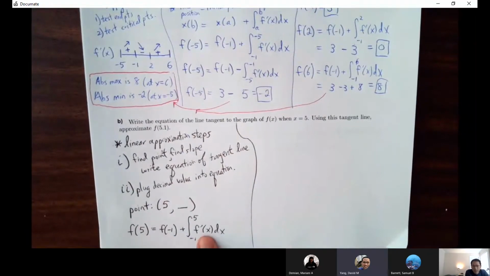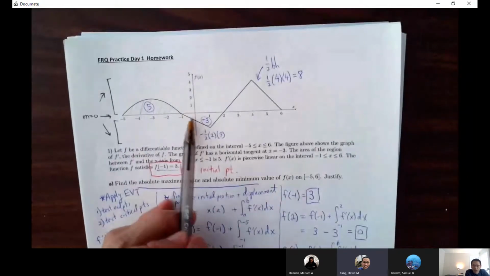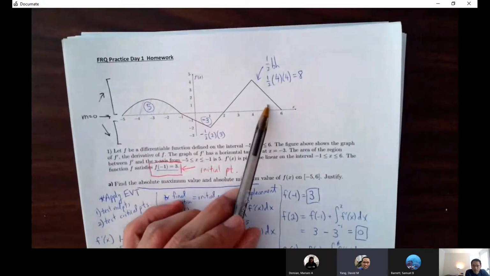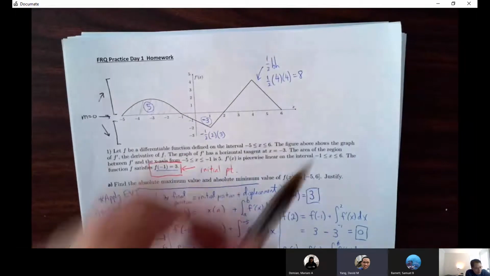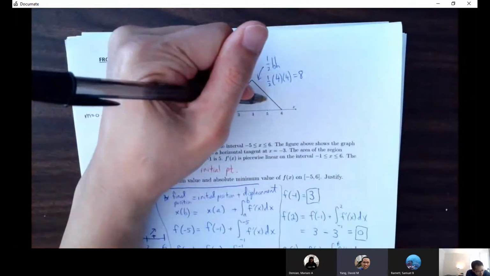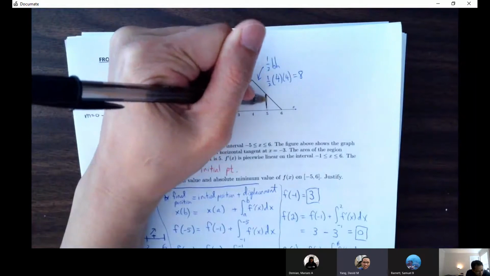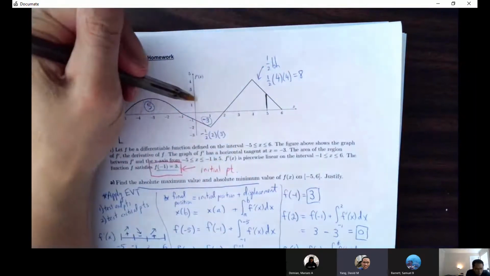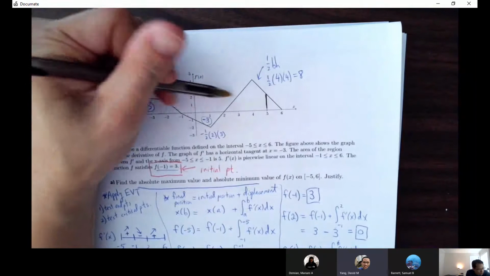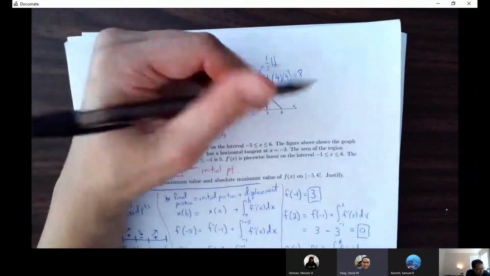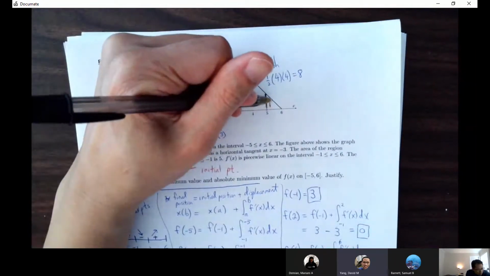And then the accumulation of the region between -1 and 5. So I have to go from -1 all the way to 5. But the thing is 5, we may need to figure this value out here. So that's right at 2 here. So this is 1/2, 1 times 2. This is an area of 1.